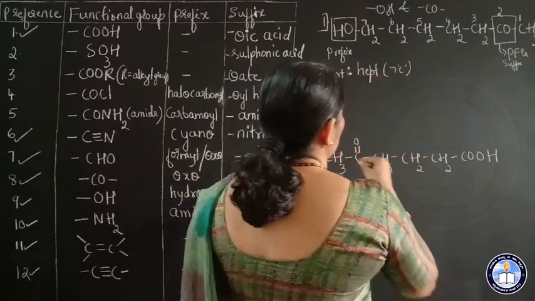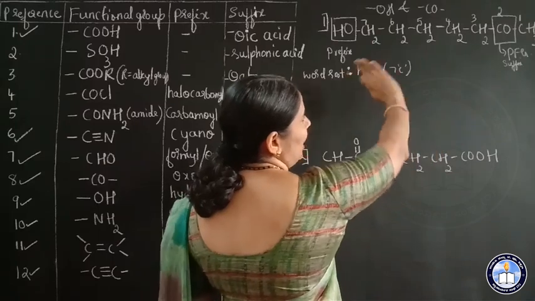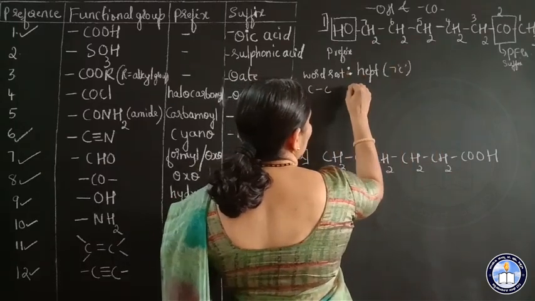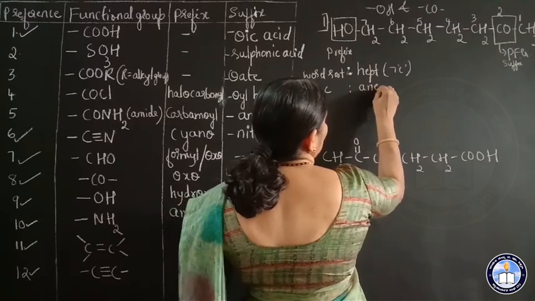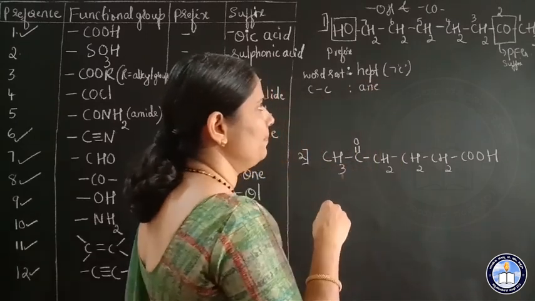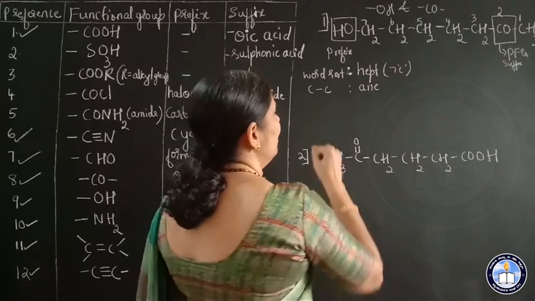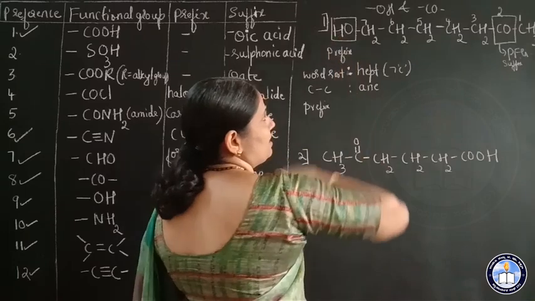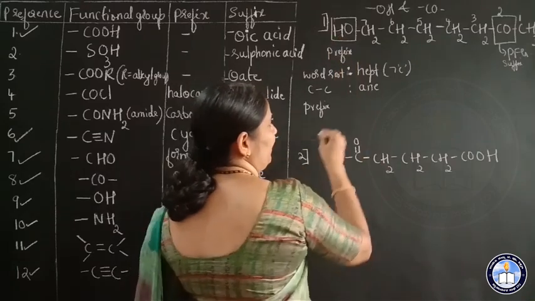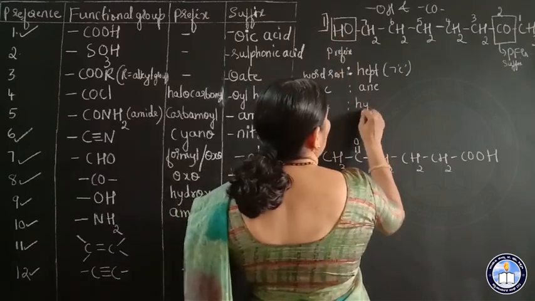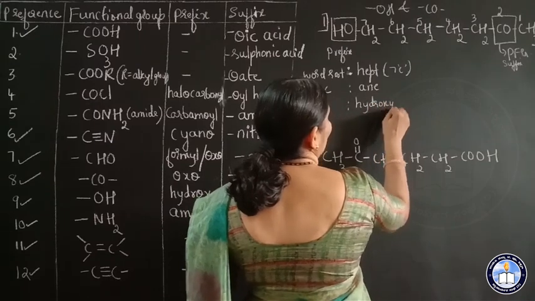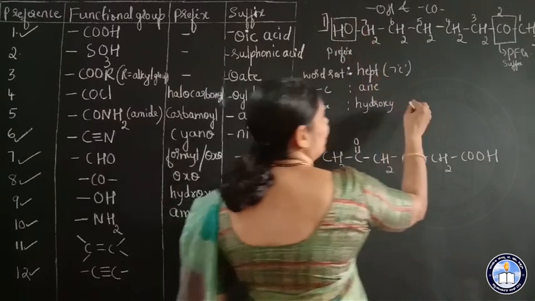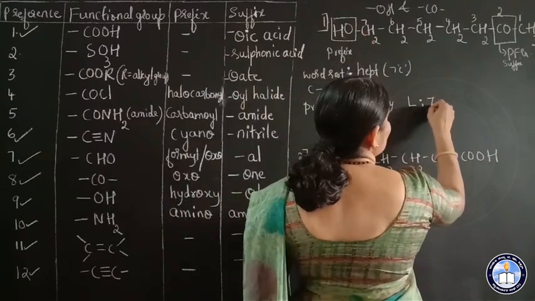Here all are carbon-carbon single bonds, so AN, ANE. The prefix is hydroxy, and this OH group is attached to the 7th carbon atom, so the locant is 7.